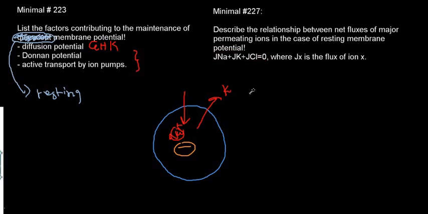So the net flux of all these ions needs to be zero. That means if I take one in, I need to put one out. So the net flux is zero. Different material is going through, yes. So you can say that we have an uneven distribution of material, but as far as charge, the net flux needs to be zero. Or you can think of it as, for each ion, one goes in, one has to go out.